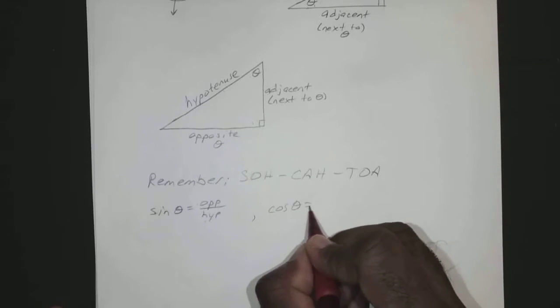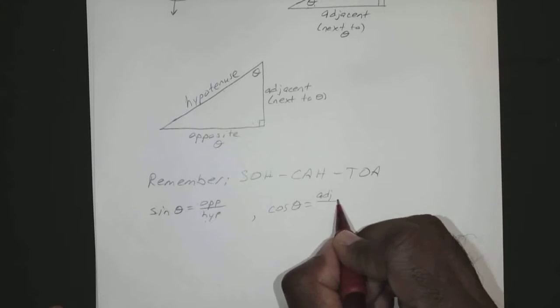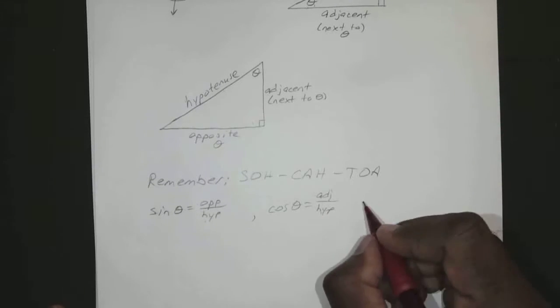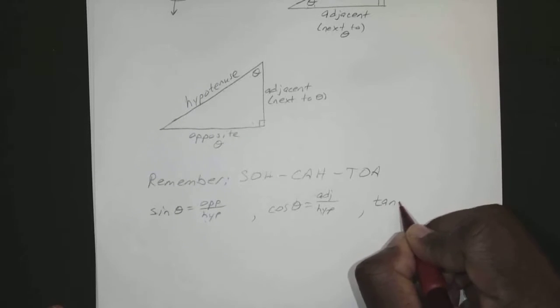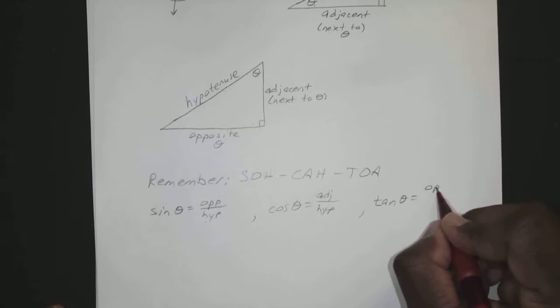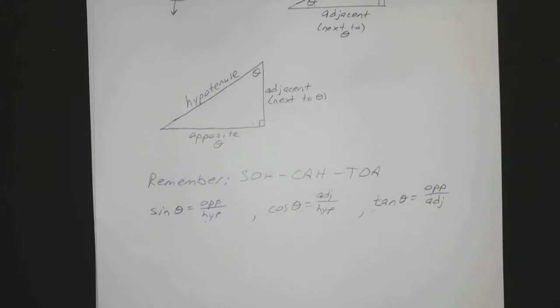Cosine of theta equals adjacent over hypotenuse, CAH. And tangent of theta equals opposite over adjacent, TOA. So if you remember SOHCAHTOA, you can remember all those three.